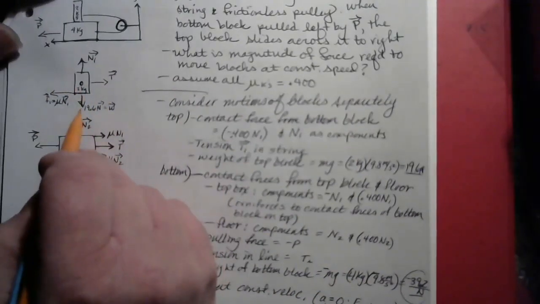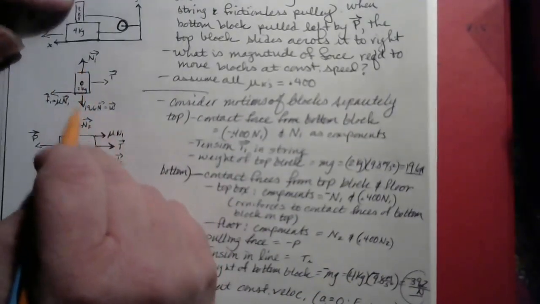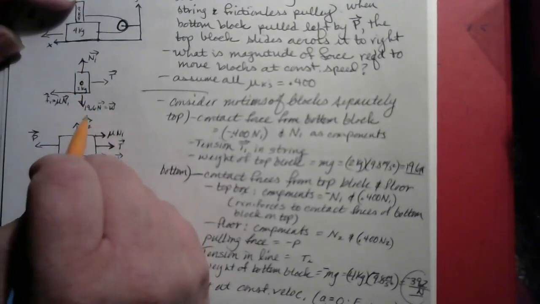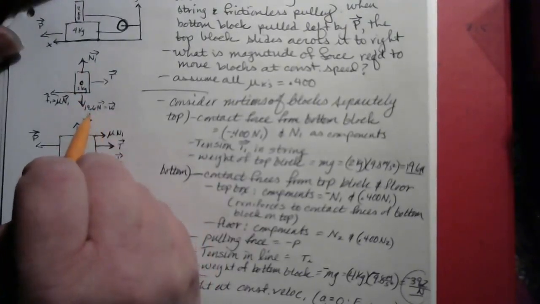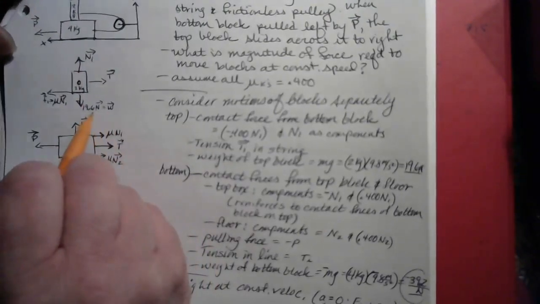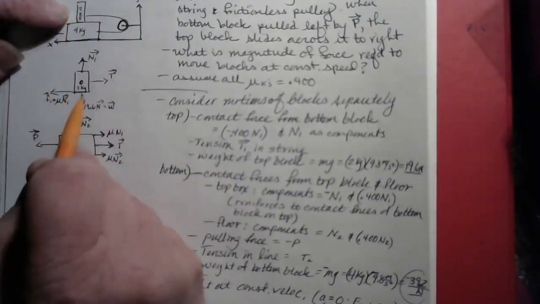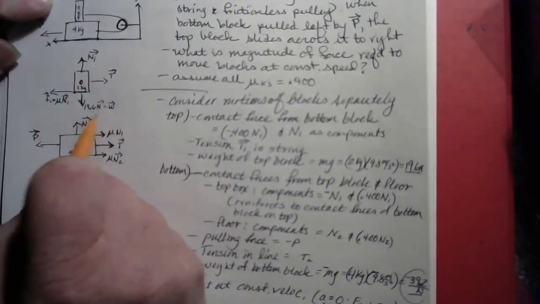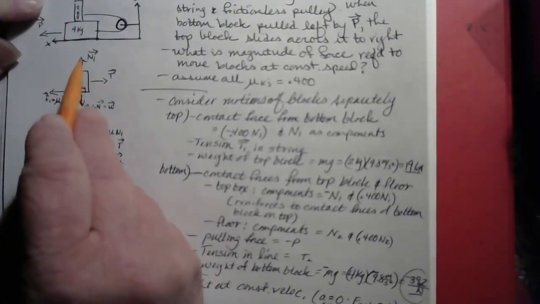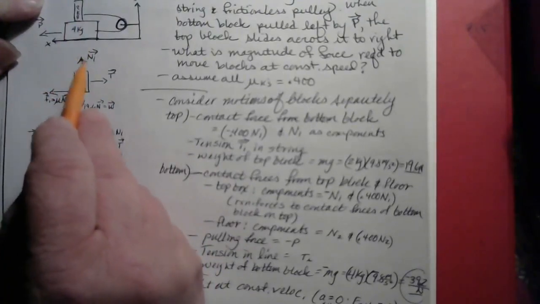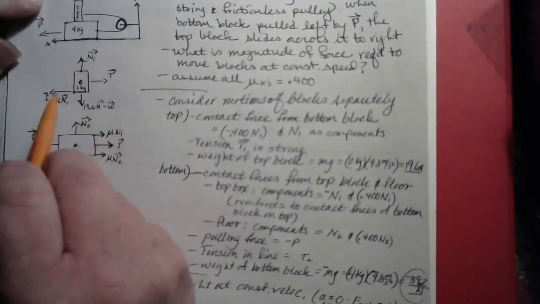We've got the weight of the top box pulling downward, and that's going to be 19.6 newtons. That's what you get when you take 2 kilograms times 9.8 meters per second squared. You've got the normal force pushing upwards on that box.